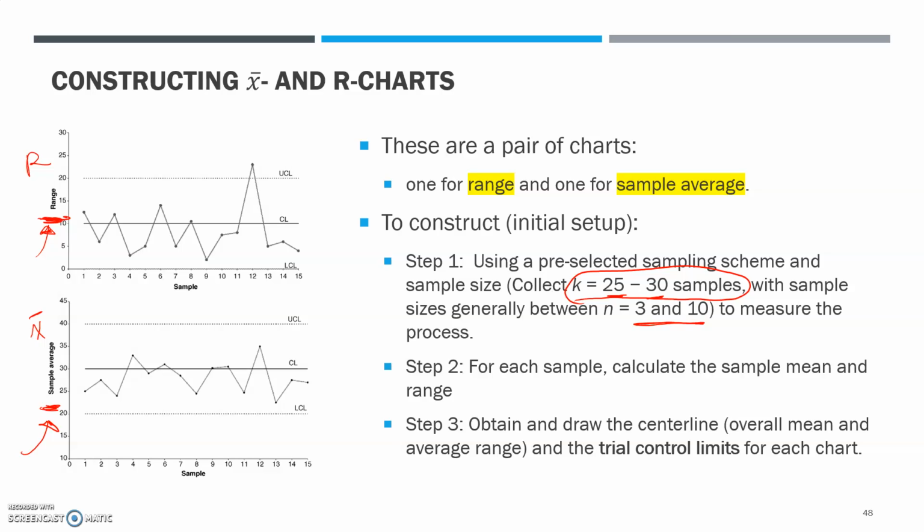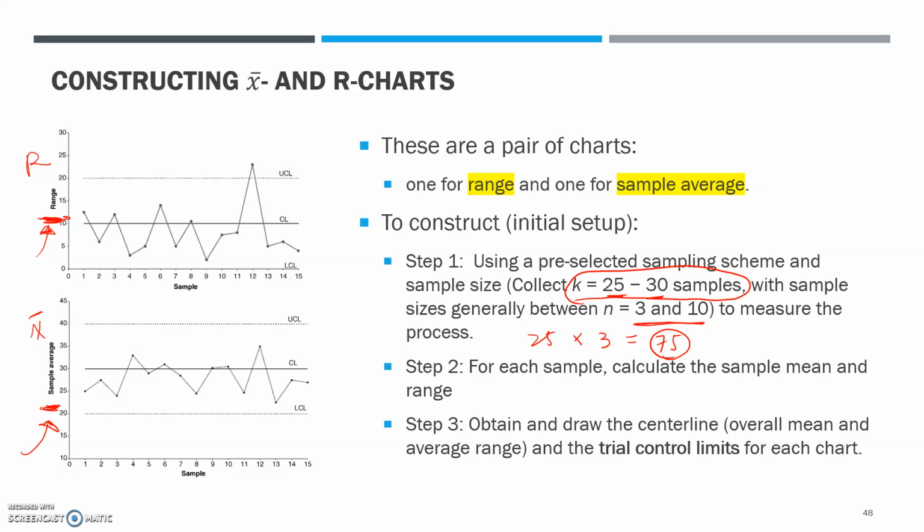In other words, you need to collect, for example, 25 different samples, with each sample having 3 observations. It means in this case you have a total of 75 observations you can utilize. That is what I'm talking about here by saying the difference between the number of samples and the sample size.